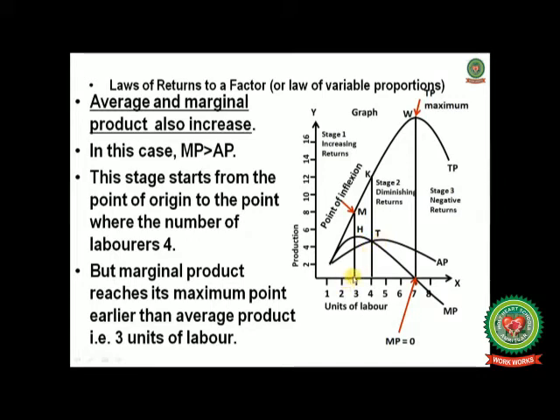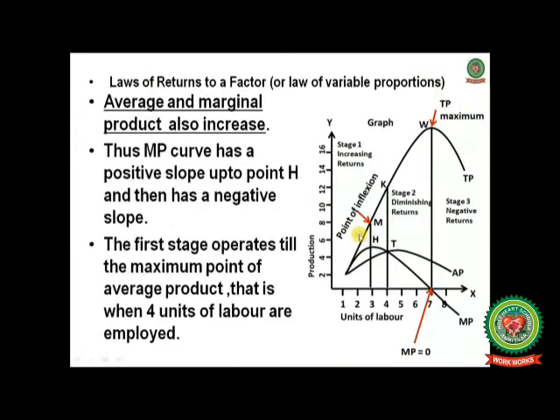But the maximum additional output is at the 3rd unit of laborer, that is at point H. Marginal product, that is the additional production with each increase in the variable factor, at point H, only 3 laborers can give us the maximum additional output. This is the maximum point of the marginal product, which is only possible with the employment of 3 units of laborers, that is at point H.